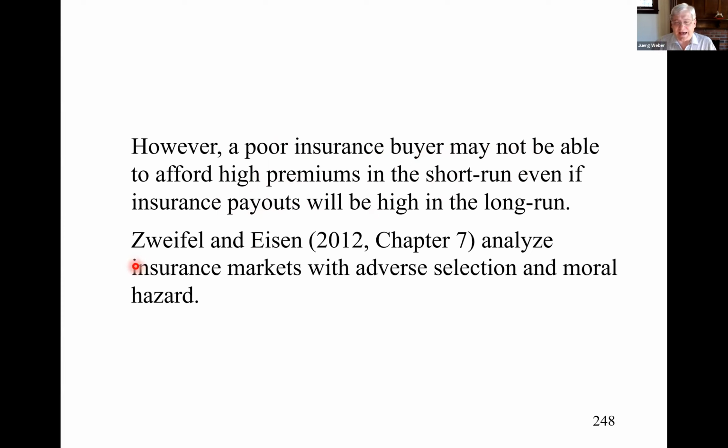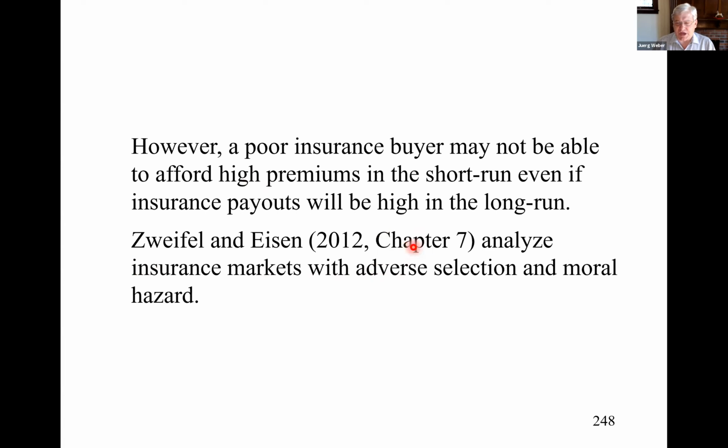Now, Zweifel and Eisen analyze the insurance markets with adverse selection and moral hazard. In chapter 7, they do quite a number of mathematical models. I taught them here 5 years ago, but we do not have time in this course really to do this. So if you're interested, you can look at this yourself. It's probably not so important, those models, if you work in insurance markets.